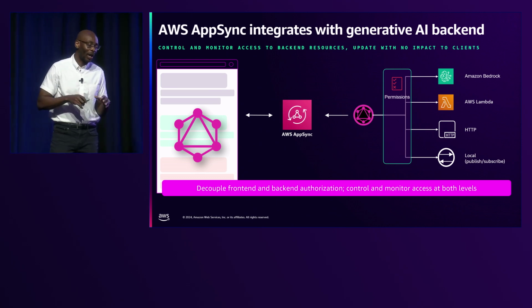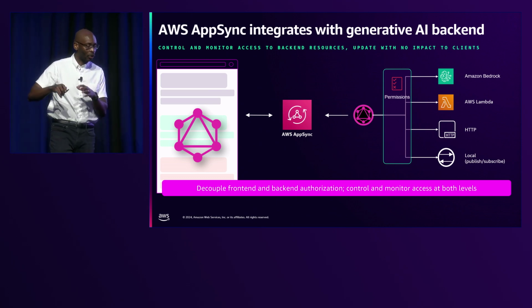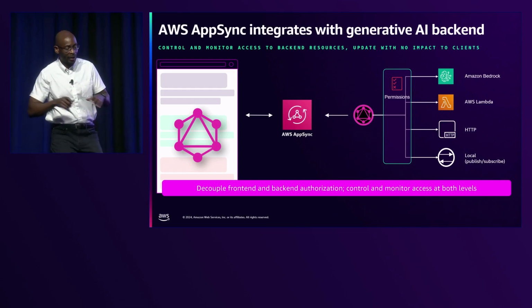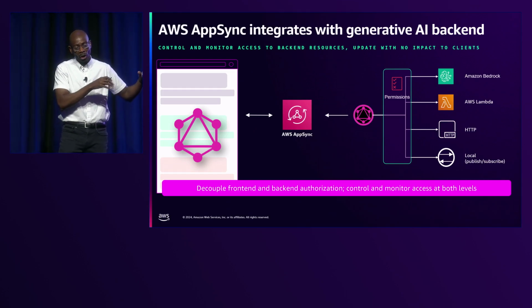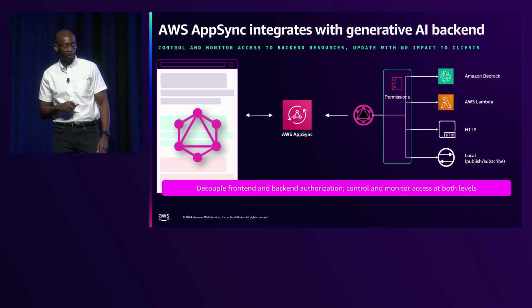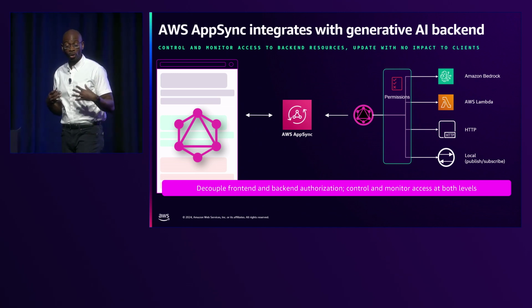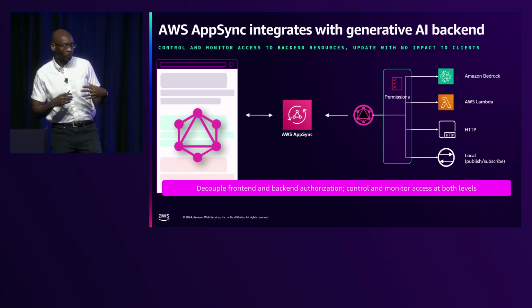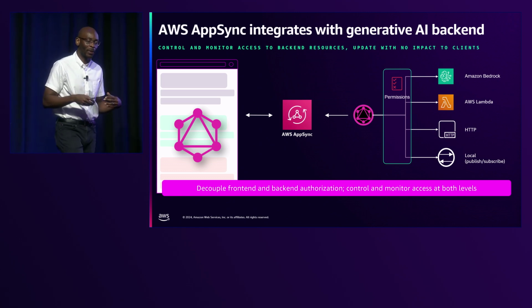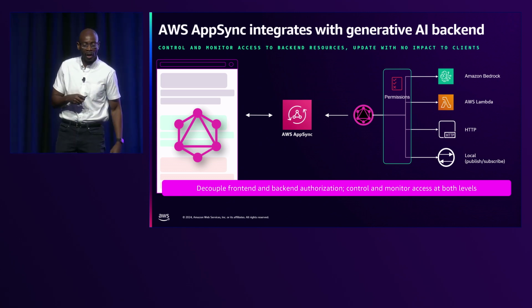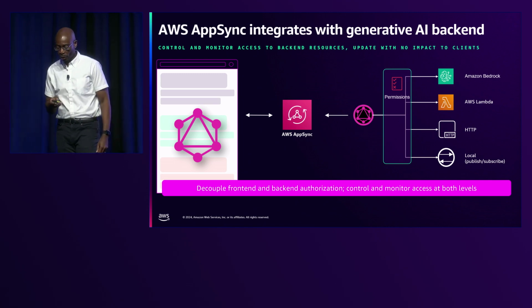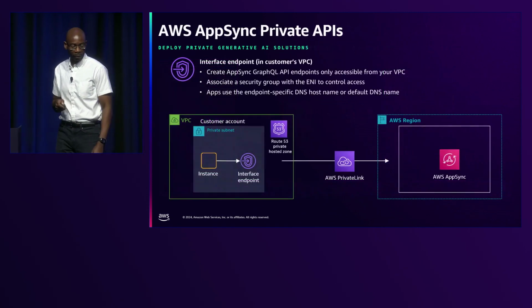So you configure how AppSync can interact with your Bedrock backend, and then separately, as an API administrator, you can configure how your users are allowed to interact with your API. When you take those two things together, you can then create purpose-built APIs that are built specifically for the applications and for the use cases that you are trying to implement.